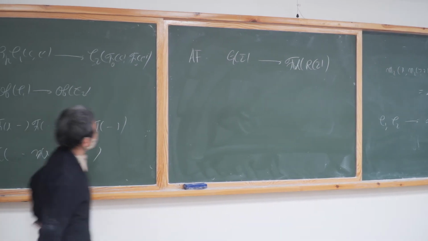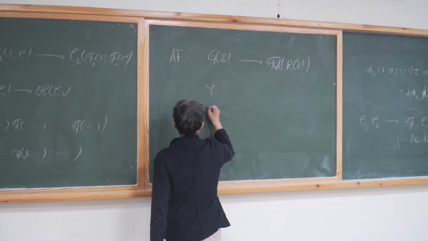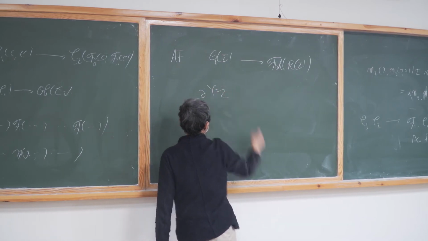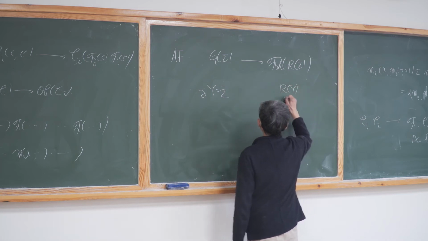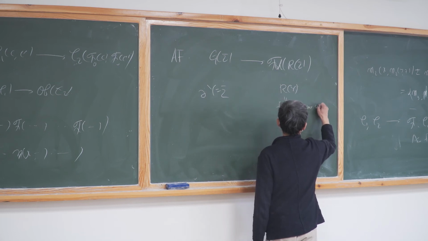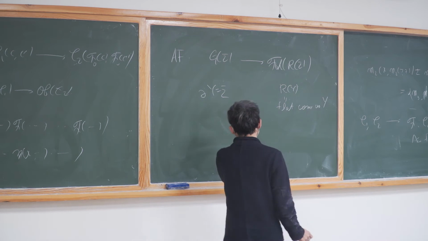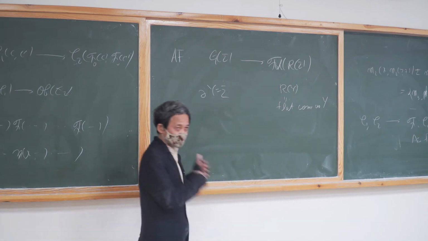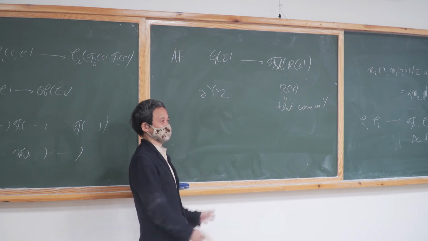For objects of this category, Y whose boundary is sigma, what we associate is R of Y, the flat connections on Y. By restriction, this is a Lagrangian submanifold of R of sigma. So for objects, it is somehow simple.